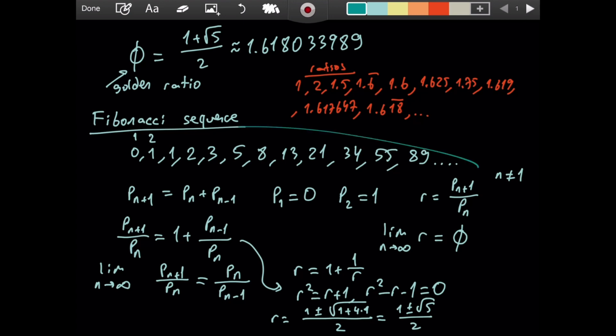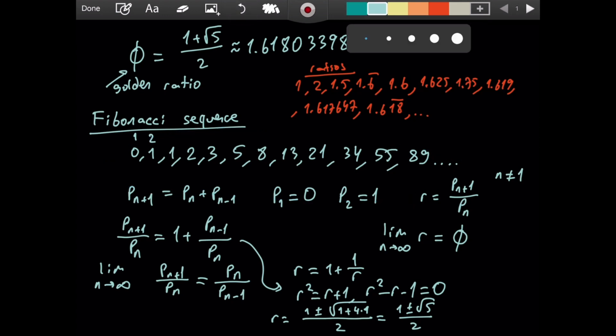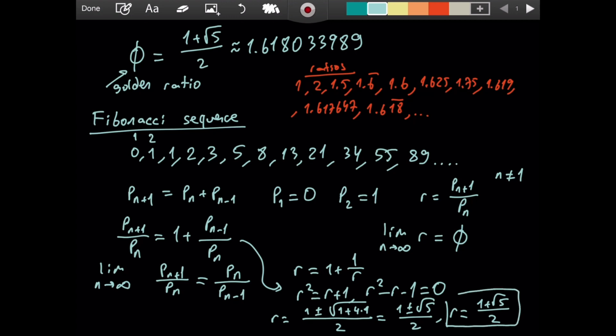That doesn't make sense for our case. All of the numbers are positive. The ratio must be positive. So R is 1 plus the square root of 5 divided by 2. And this is, in fact, as you can see here, the golden ratio.